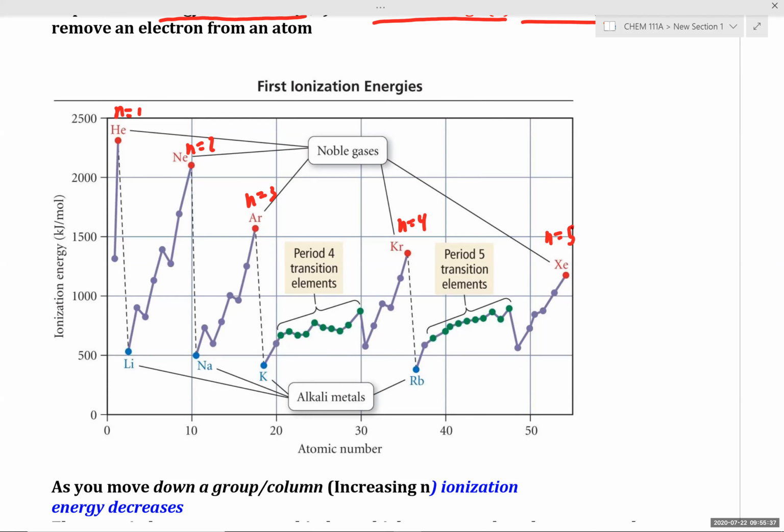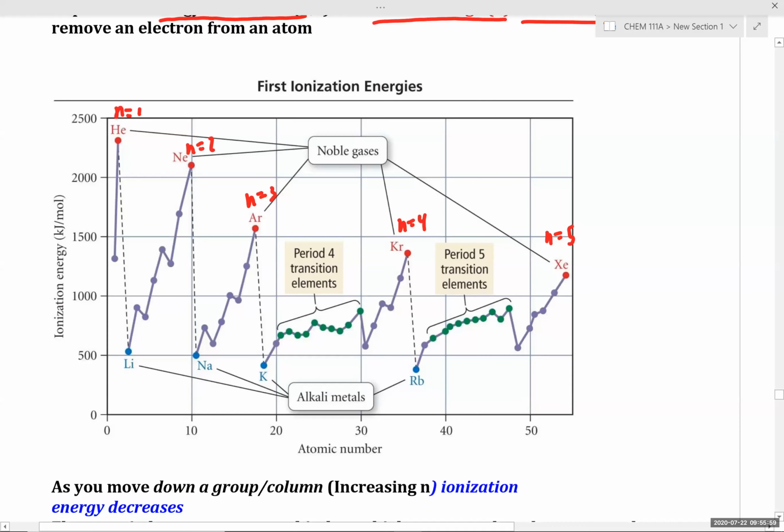So looking at this graph of ionization energy as a function of atomic number, as we go down the periodic table, what happens to our ionization energy? Does it increase or decrease? It decreases, exactly right.